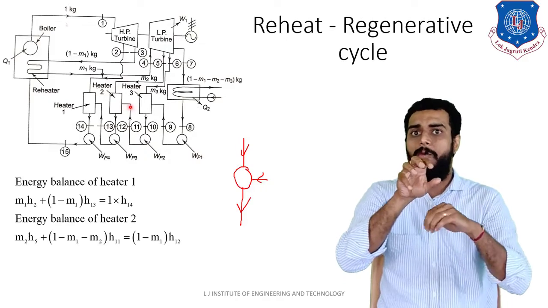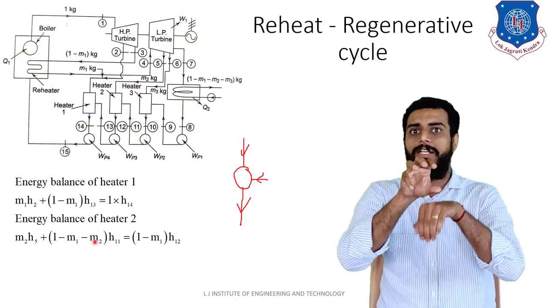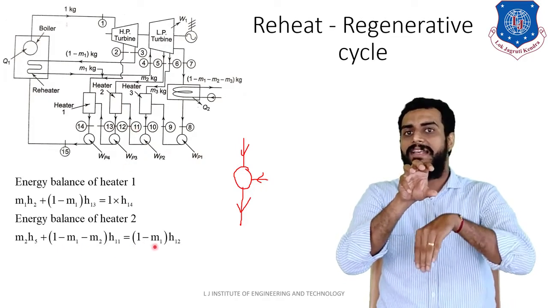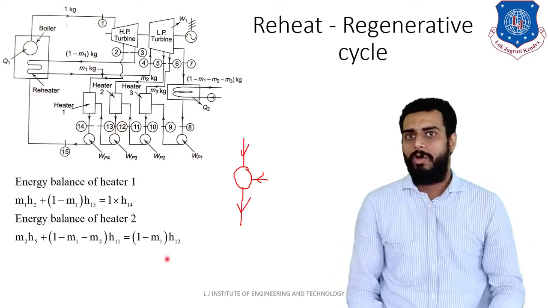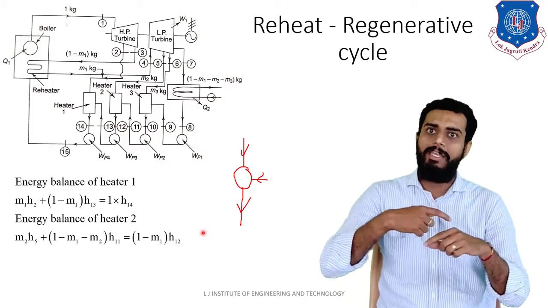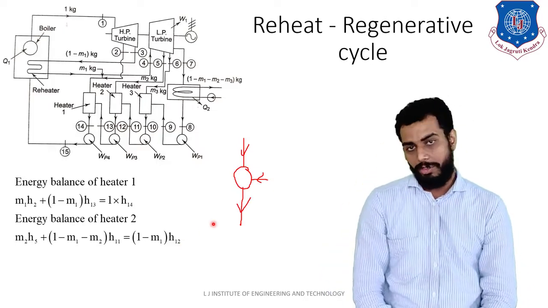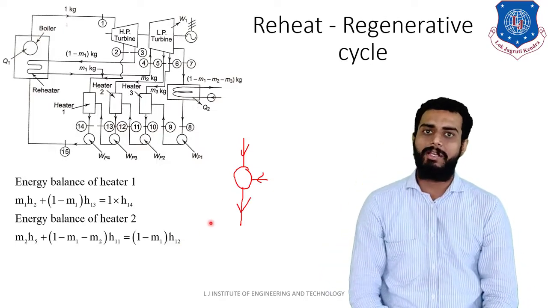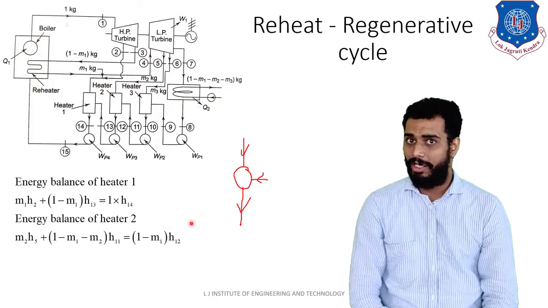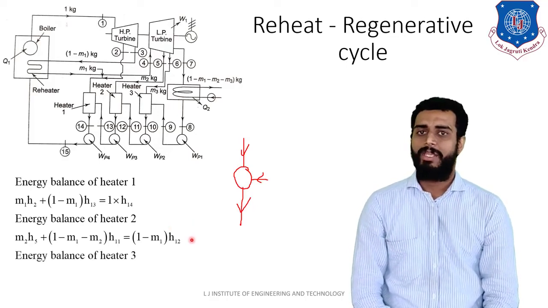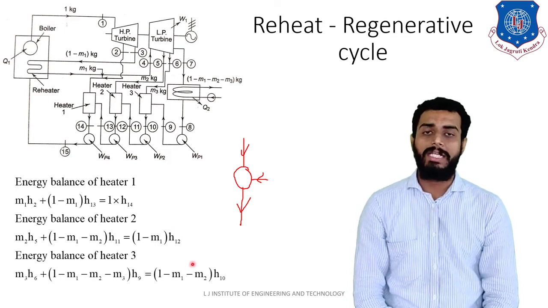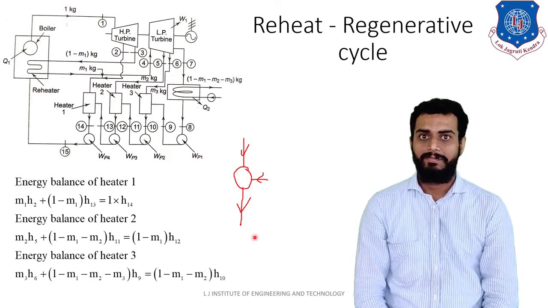That is equivalent to the exit of heater 2, which is (1 minus M1) kg carrying enthalpy H12. Likewise, you can apply the equation for the third heater also. Using these equations, one can find out the mass flow rates M1, M2, M3. So that is all for the reheat regenerative cycle. Thank you.